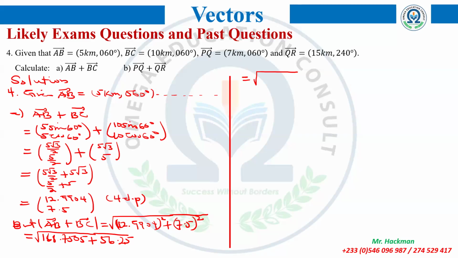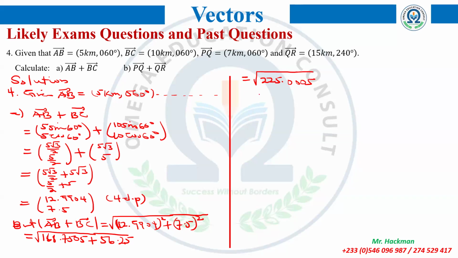What do we get? 225.0005, to 4 decimal places.